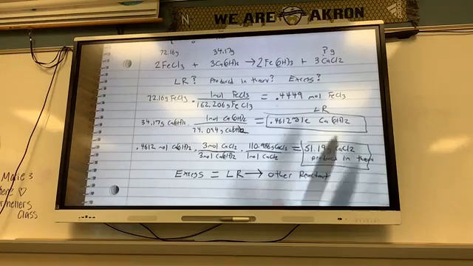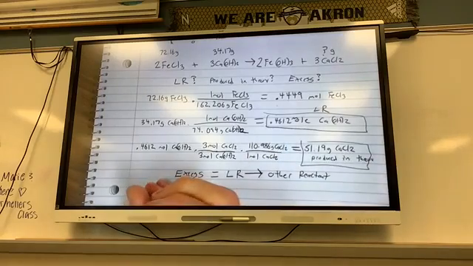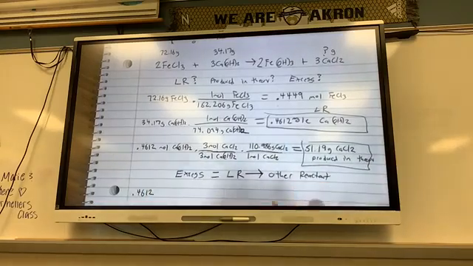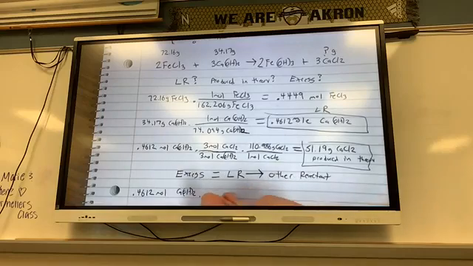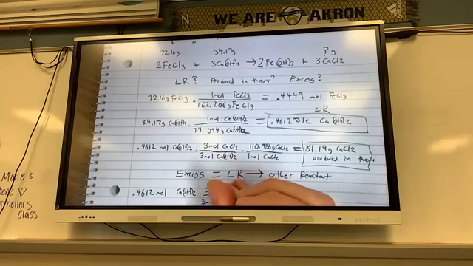So I'm going to take my limiting reactant, which is still 0.4612 moles of CaOH2. And in the stoichiometric step, for every 3 moles of CaOH2, I have 2 moles of my excess, which is FeCl3.